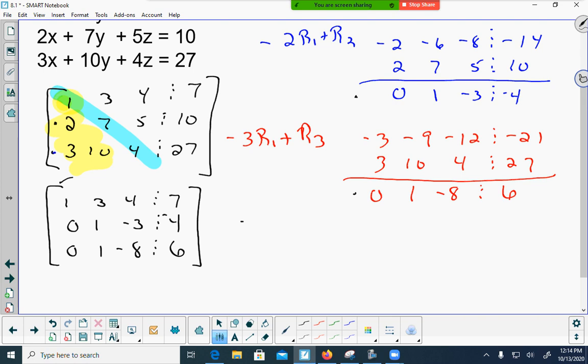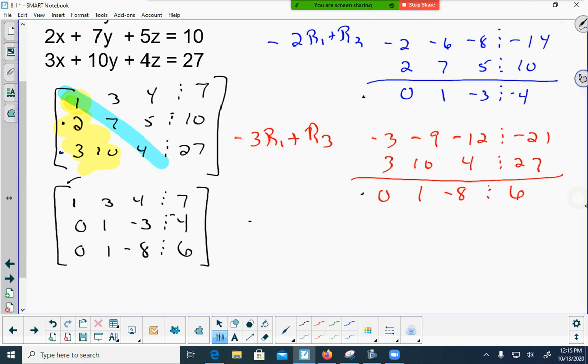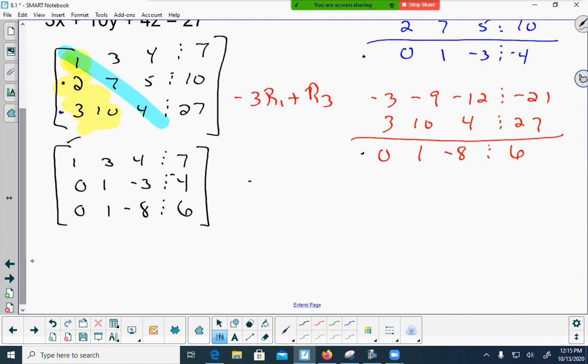Does that make sense? Once I have that first column done, I never touch row 1 again if I'm doing row echelon form. If I'm doing reduced row echelon form, I'm not quite done yet, but right now I'm going to say I'm done.